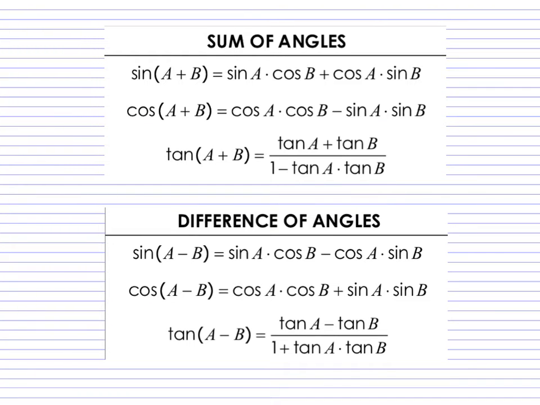Basically, sum and difference identities are all of these equations that we use in order to find the exact values of angles that aren't necessarily on the unit circle. So we're talking about angles that might not be pi over 6 or pi over 4 or pi over 3, or even 5 pi over 6 or 11 pi over 6.